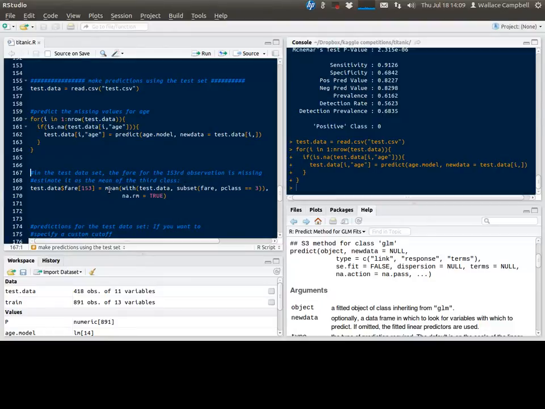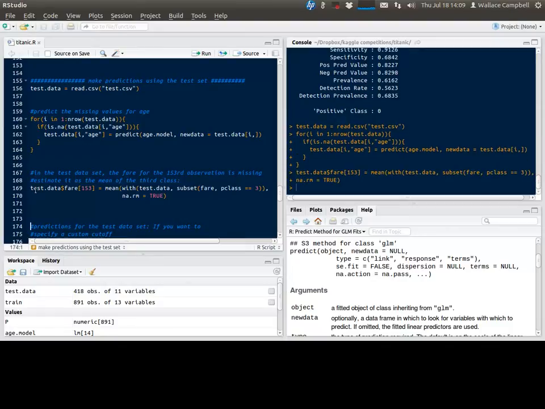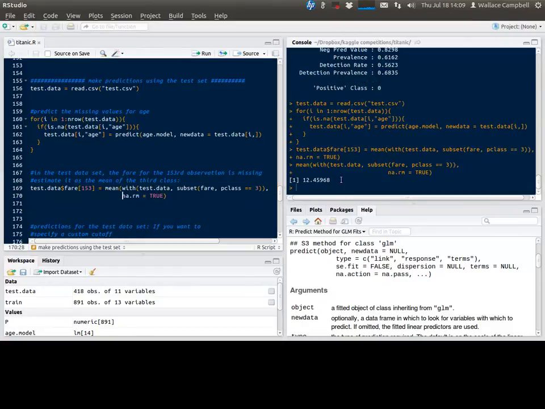So I looked up that they were third class. So I'm going to use the mean of the third class fares to predict their fare. And this means that the average fare for a third class passenger was $13.